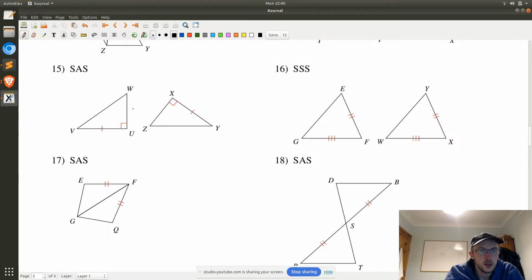And here, for the side-angle-side theorem to be employed, we would have to know that side WU is congruent to side XZ. We would have to know that side EG is congruent to side YW.